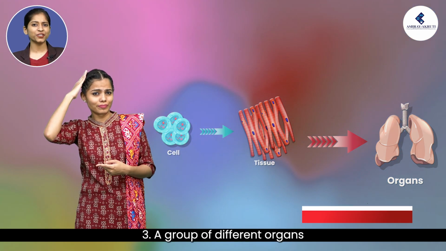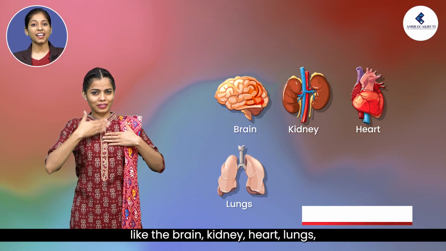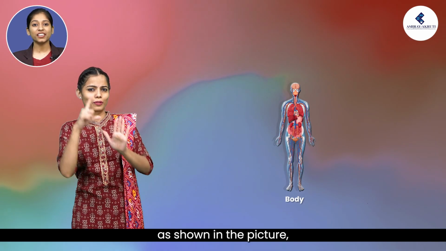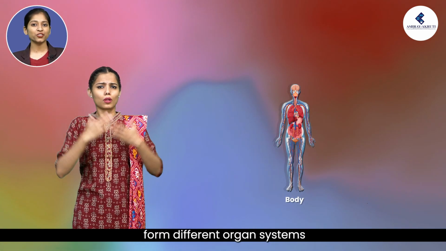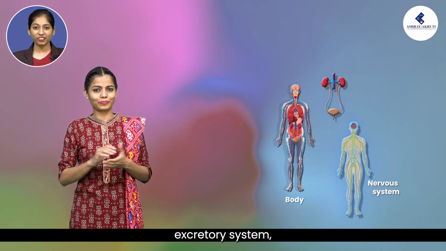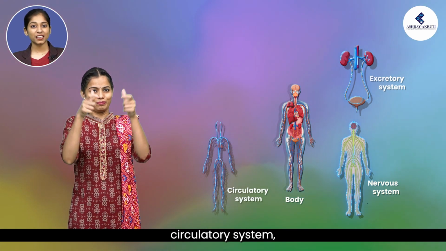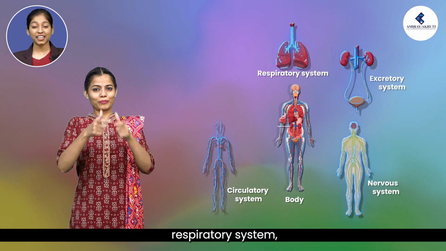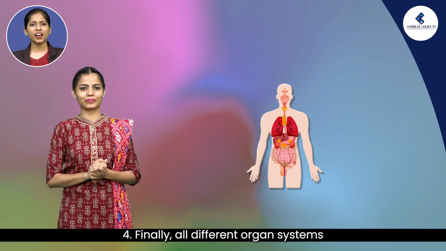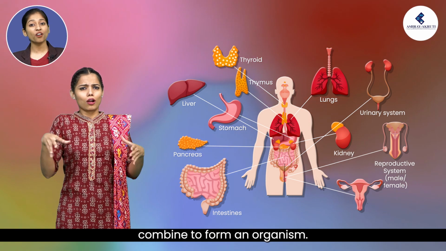A group of different organs like the brain, kidney, heart, lungs, liver, stomach, etc., as shown in the picture, forms different organ systems like the nervous system, excretory system, circulatory system, respiratory system, digestive system, etc. Finally, all different organ systems combine to form an organism.